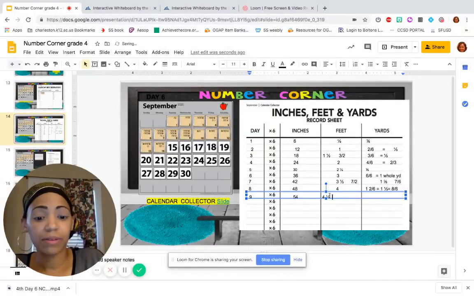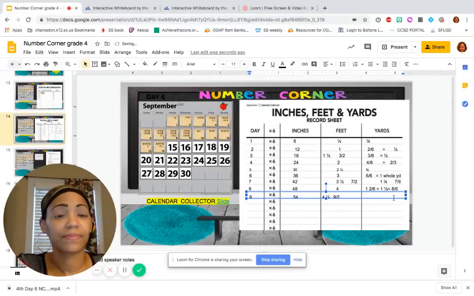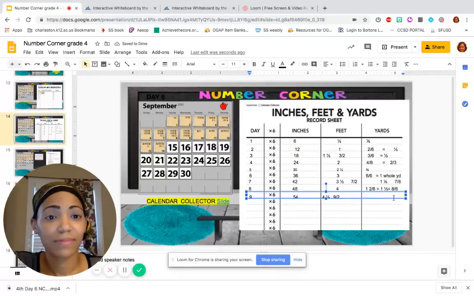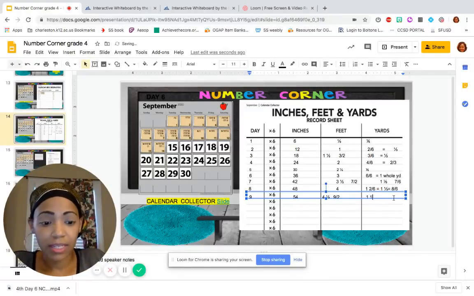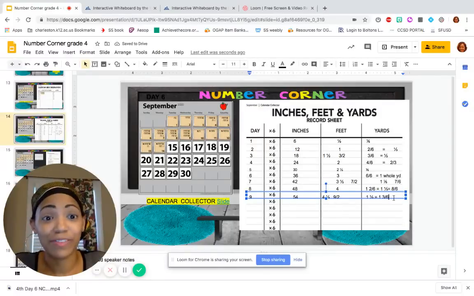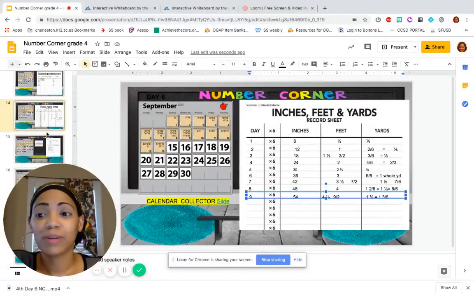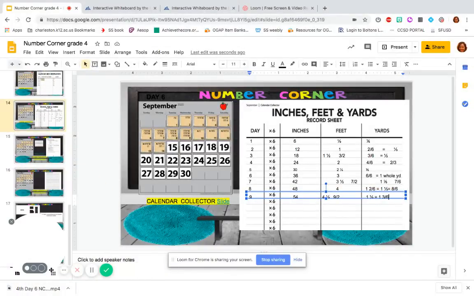Okay, so now how many yards do we have? Good, we have 1.5, or I think I also heard somebody say 1 3/6, which is absolutely correct because those are equivalent.